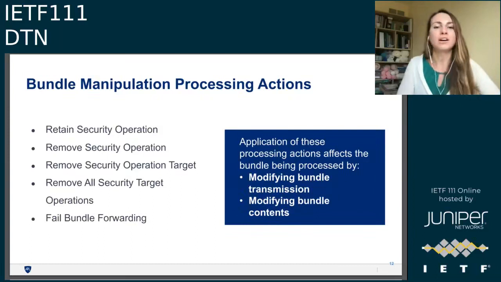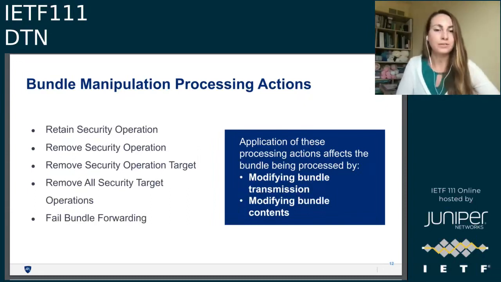When we are applying a bundle manipulation processing action, we are either modifying bundle transmission or the contents of the bundle itself. For bundle transmission, this would be the failure of bundle forwarding, so you are ending bundle transmission at the processing node.